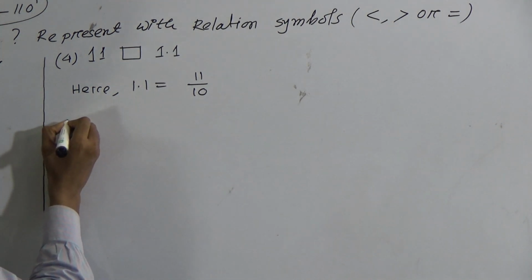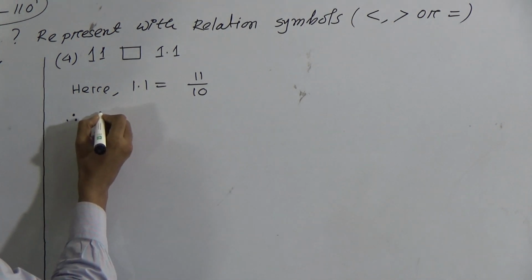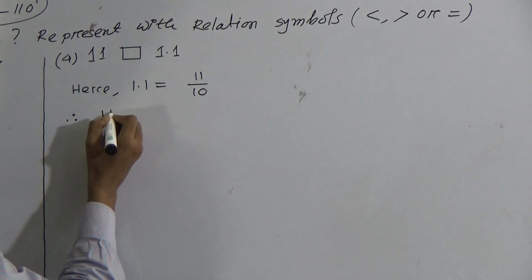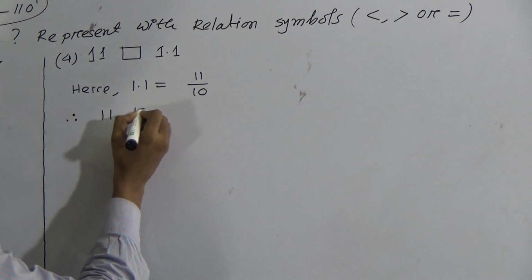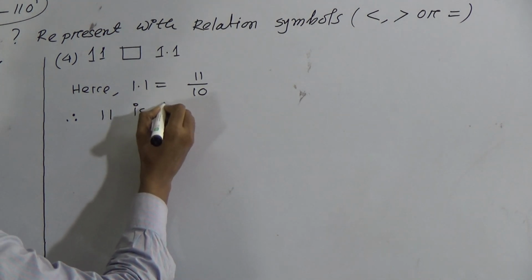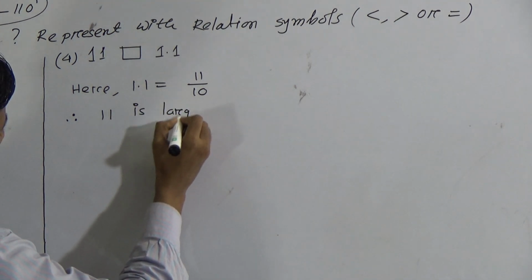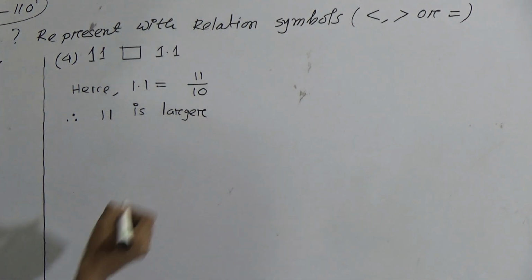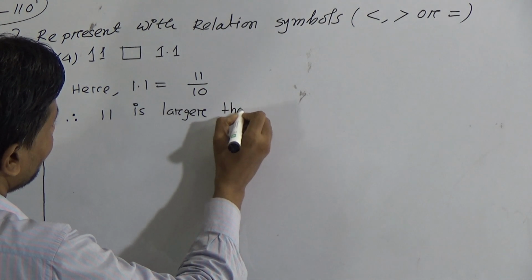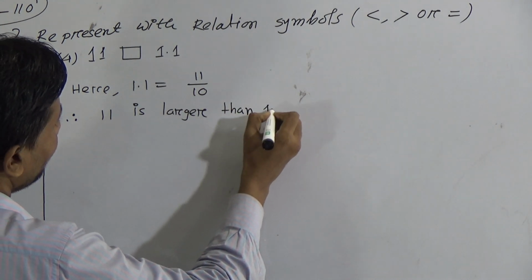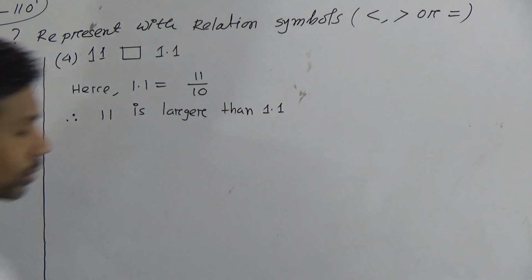Therefore we write, 11 is larger than 1.1.